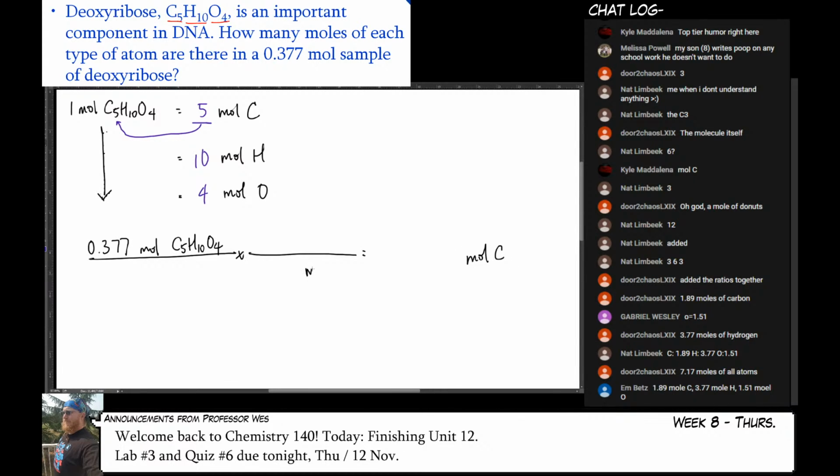So I would take my units and set them up like this, so that everything cancels out to give me what I want. And then I just got to pick the right ratio, which would be this one. So I'm going to put the numbers in like that. And when you times 0.377 times 5, you get 1.89.